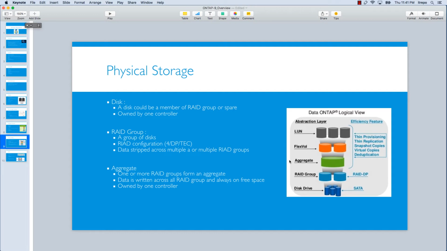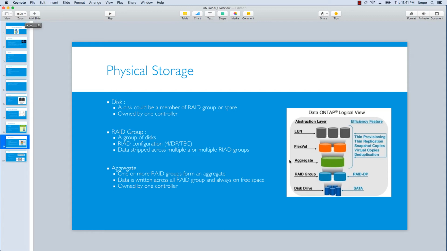About a RAID group: a RAID group is a group of disks on which we have the RAID configuration. The RAID types that we support on NetApp right now, as we are talking in 2017, are RAID 4, RAID DP, which is dual parity, and RAID-TEC, which is triple parity.